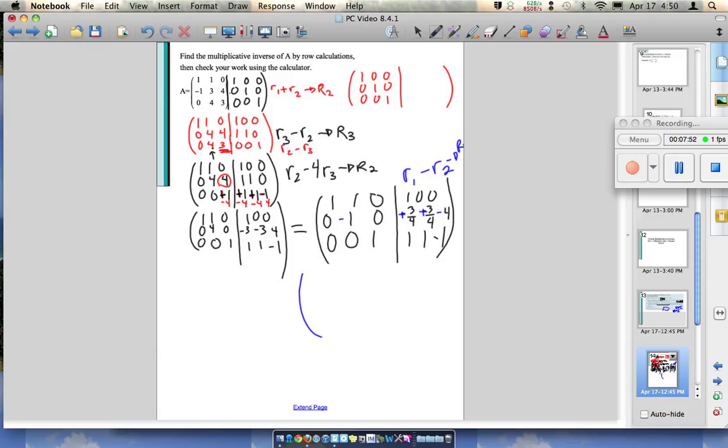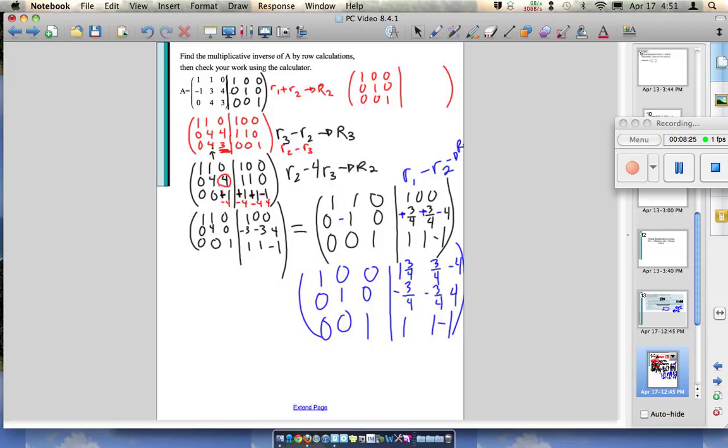And let's see, I'm going to have 1, 0, 0. 1 plus 3/4, so 1 3/4, 3/4, and -4. And then I'm going to copy the original middle row down again, the +1, -3/4, -3/4, and +4. And the bottom row. Okay, so there is my inverse.